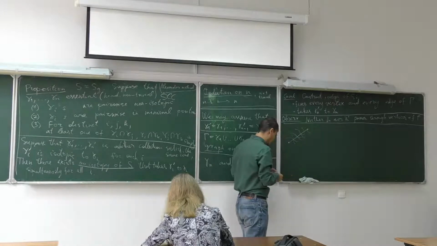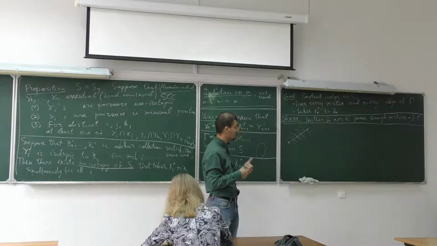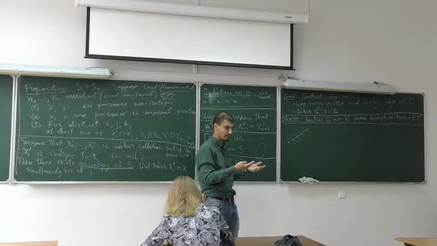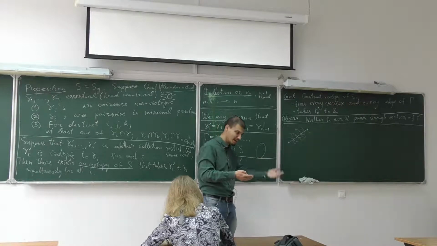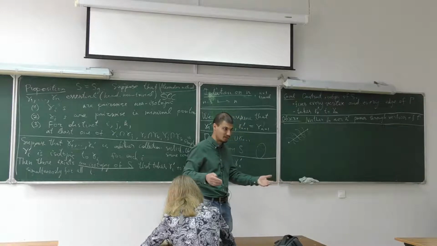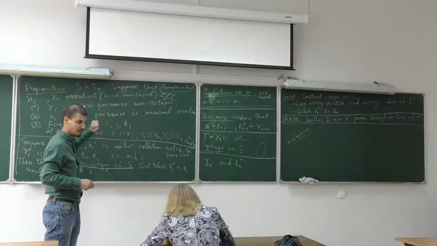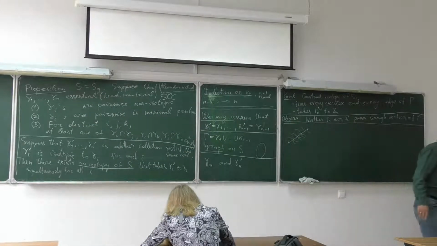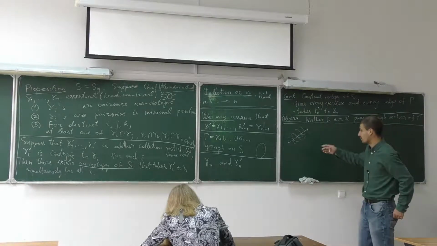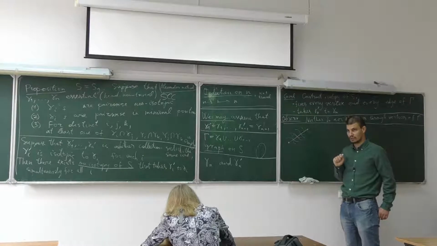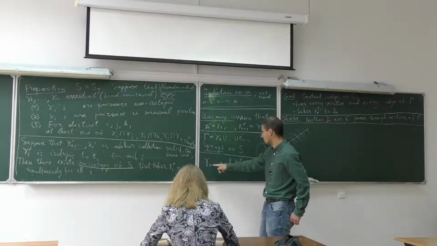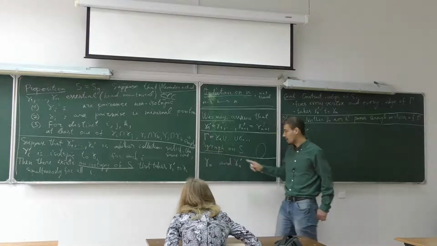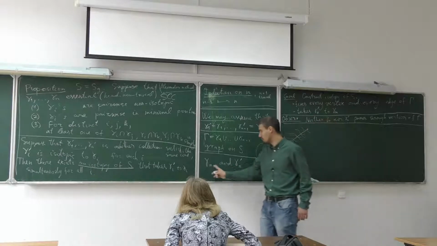So we have no reason why gamma n prime and gamma n are in some general position. We know that gamma n is in general position with respect to capital gamma since they're in minimal position. In particular, we know that all intersections are transversal. So gamma n is in general position with respect to capital gamma, and gamma n prime is in general position with respect to capital gamma, but we do not know anything about the total three.